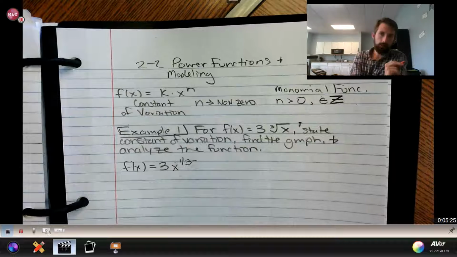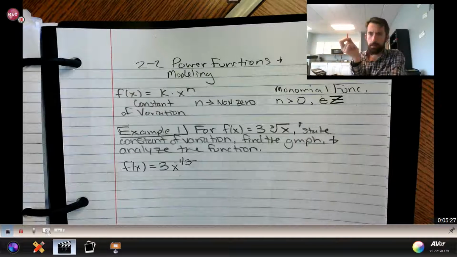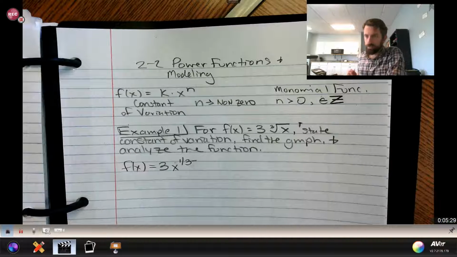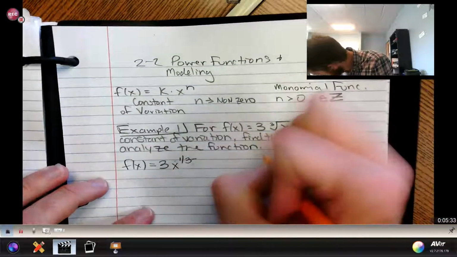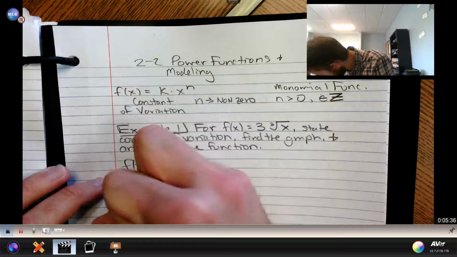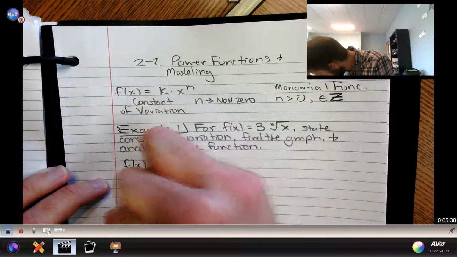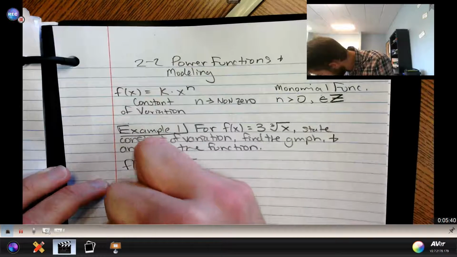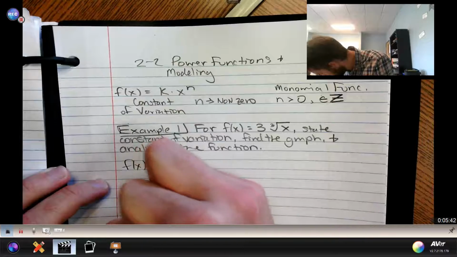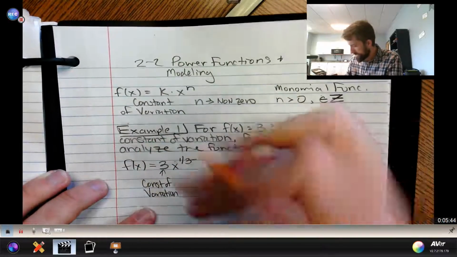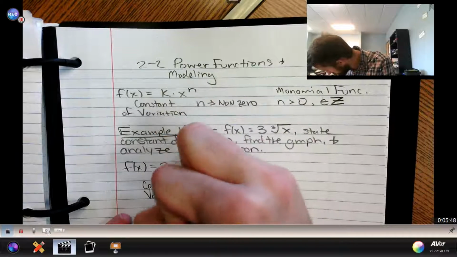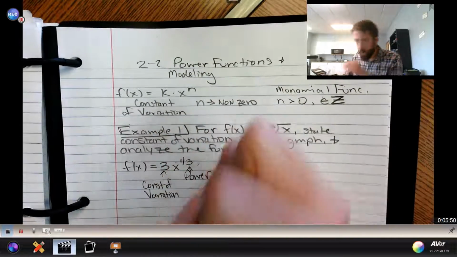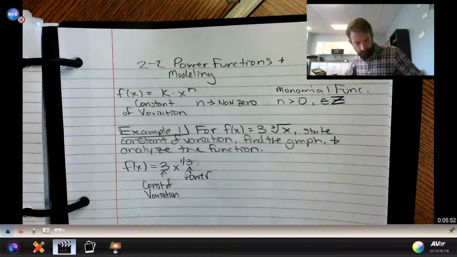Remember, that radical number becomes the denominator of the rational exponent. So the 3 is the constant of variation, and the 1/3 is the power. Always that number in the exponent.